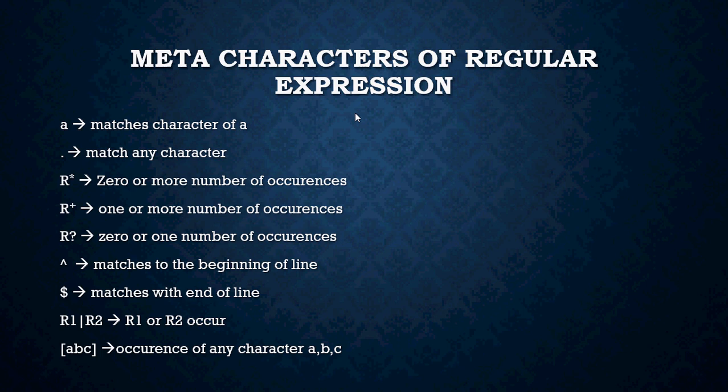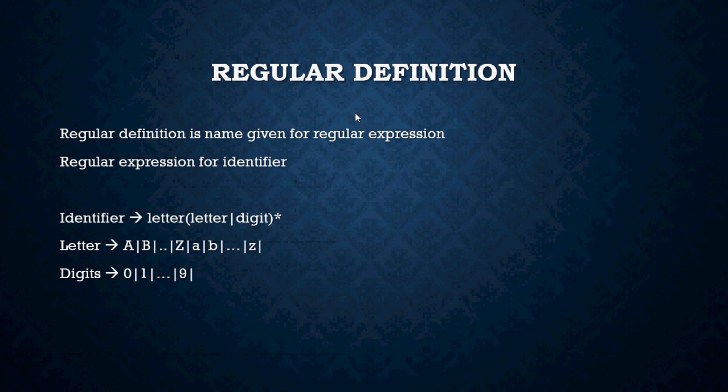Now what is meant by regular definition? The naming of regular expressions is called regular definition. In this case, I have named a regular expression identifier and written the rules over here. An identifier should start with a letter and it can be followed by a letter or digit any number of times.